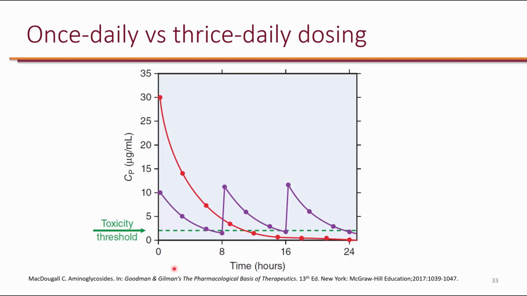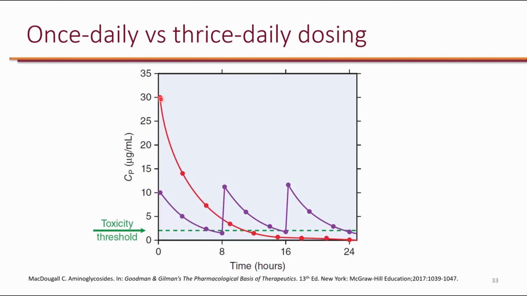Also keep in mind that aminoglycosides have post-antibiotic effect, meaning that once the level goes below the MIC, the antibiotic continues to kill for up to 7 or 8 hours. So we can actually take advantage of that. So that led to the concept of once daily high dose extended interval dosing. So basically the red line shows that if you give a very, very high dose of aminoglycoside, you're gonna get a very large peak and that gives you efficacy.